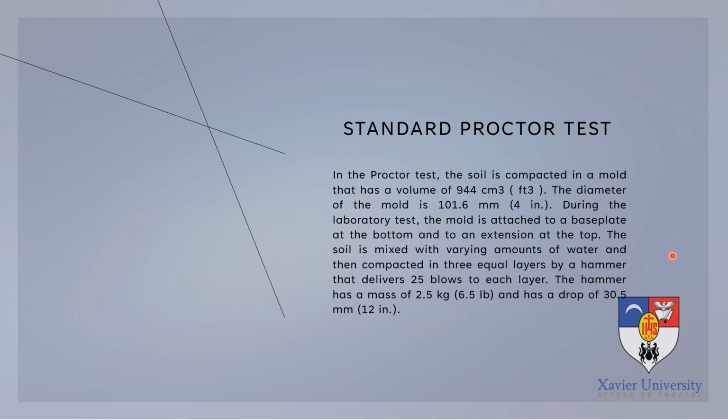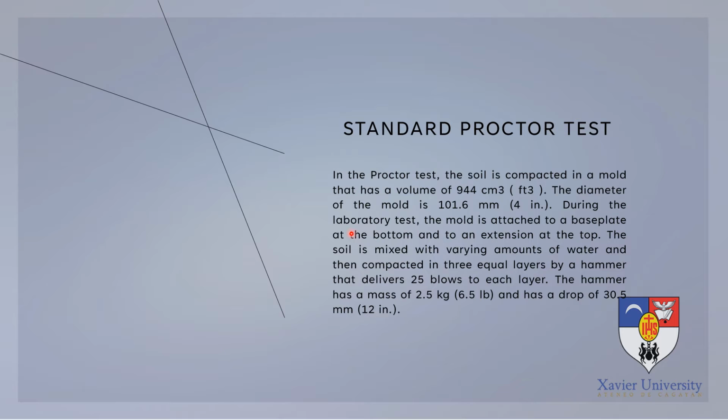The soil is then compacted in 3 equal layers by a hammer that delivers 25 blows to each layer. The hammer has a mass of 2.5 kilograms or 6.5 pounds and has a drop of 12 inches. We will be further studying the process of this test during our succeeding discussion.